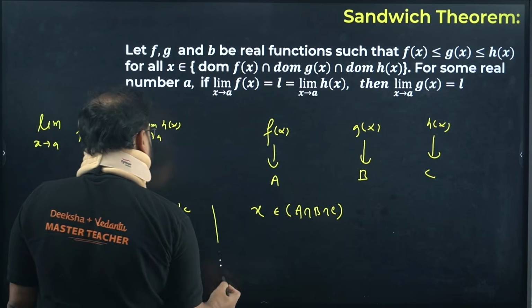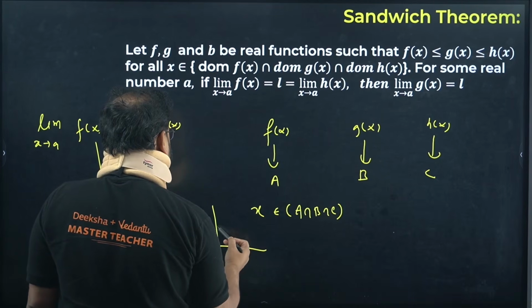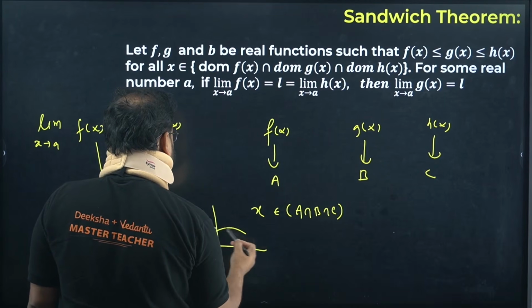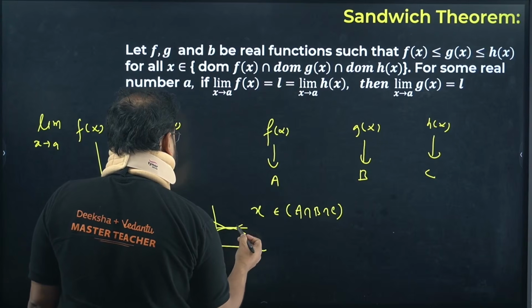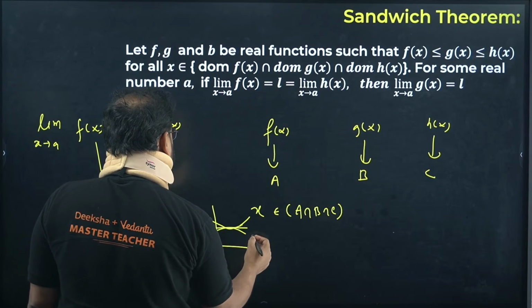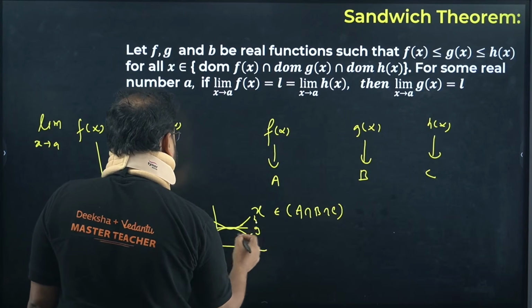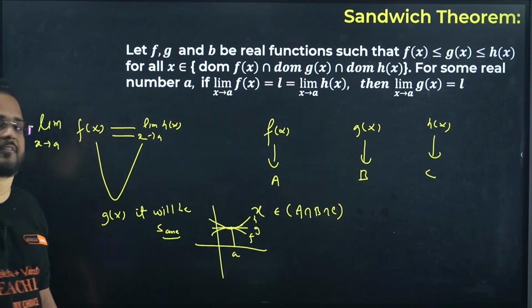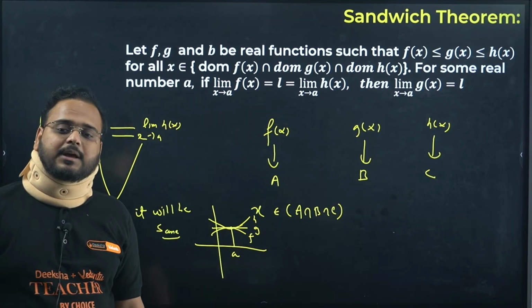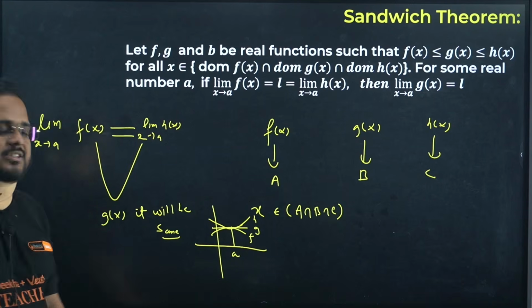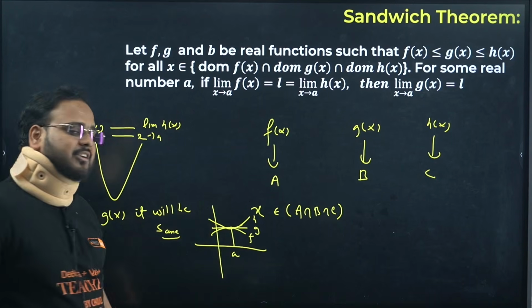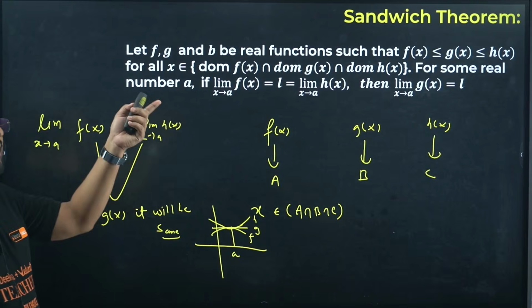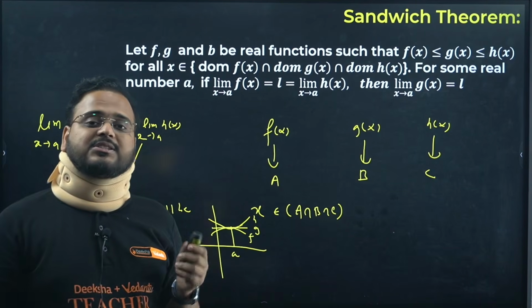If you look at the graph, these are f, g and h. At a given point a, if f and h are the same, then g will also be the same. It's called sandwiched, sandwich between f and h, provided f is less than g and g is less than h.